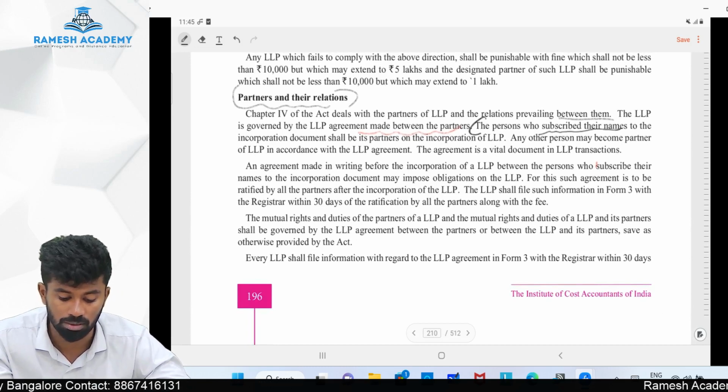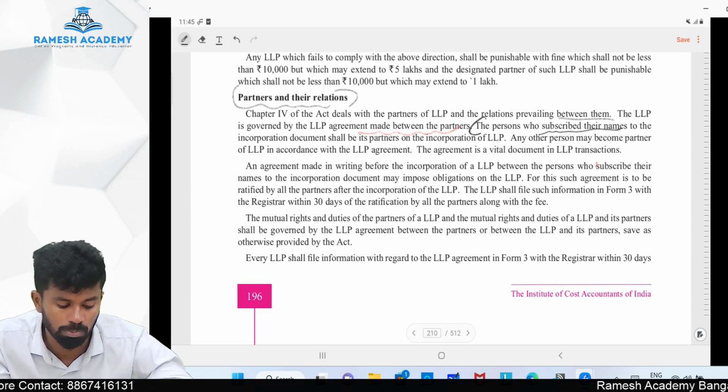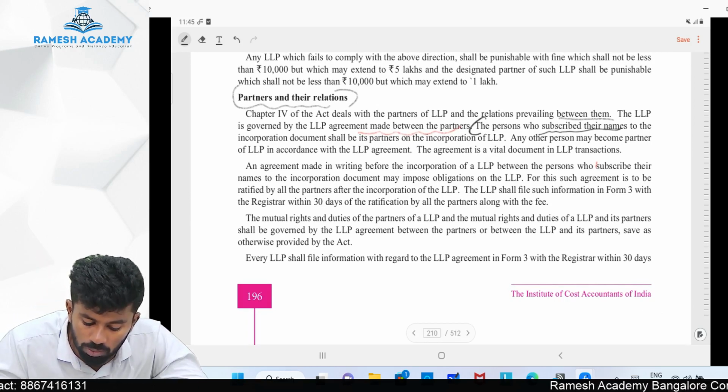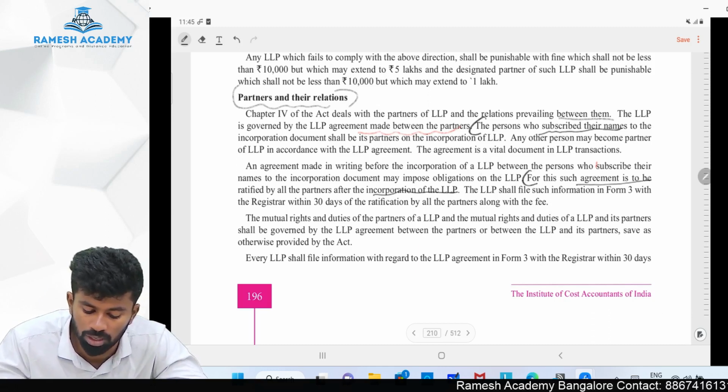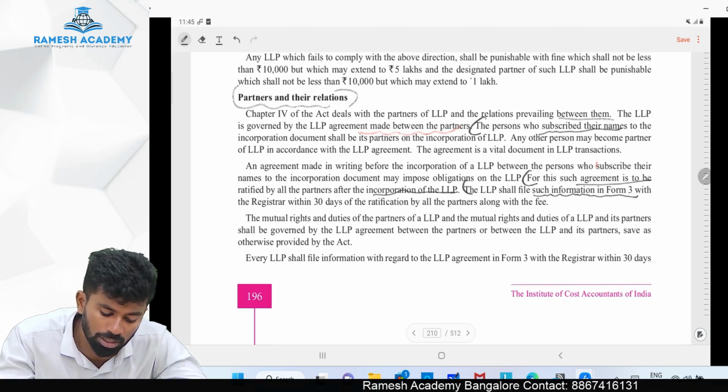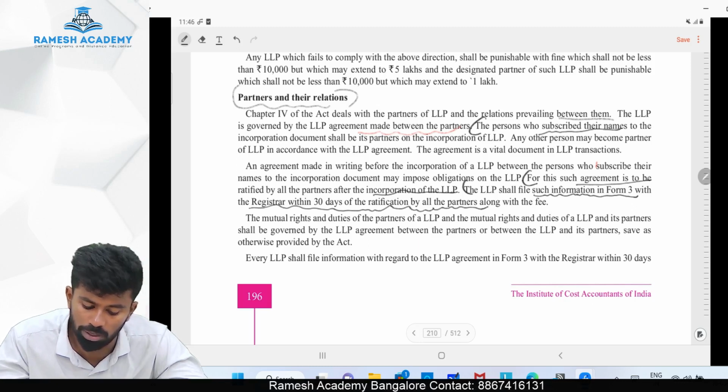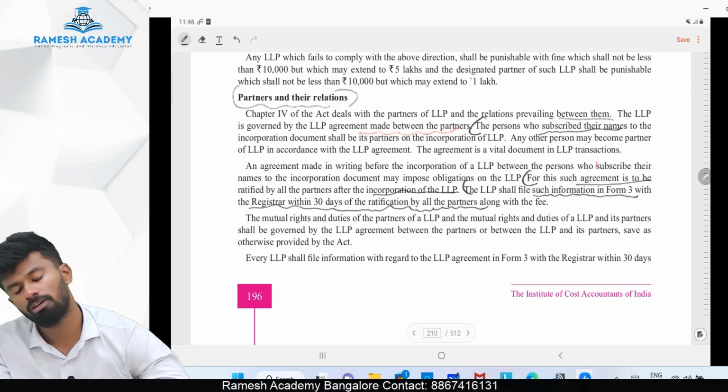For this, such agreement is to be ratified by all the partners after the incorporation of the LLP. The LLP shall file such information in Form 3 with the registrar within 30 days from the date of ratification by all the partners along with the fees.